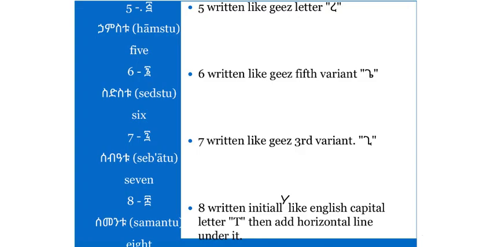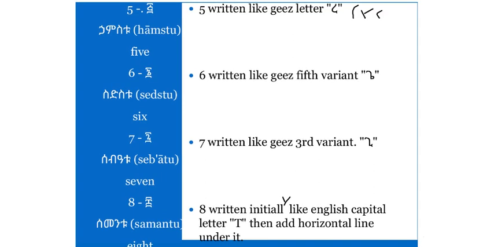Note this symbol. It means 5 and is written using the GES letter R, the first variant of R, and adding in the middle one horizontal line at its right side and adding the strokes on the top and at the bottom.